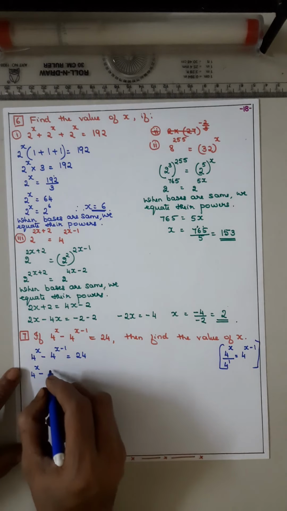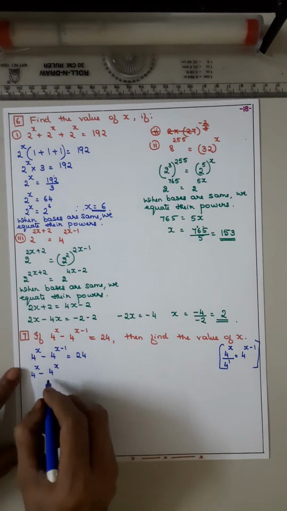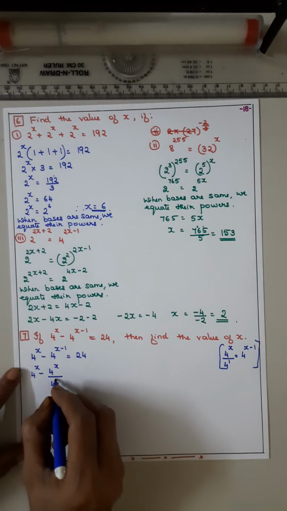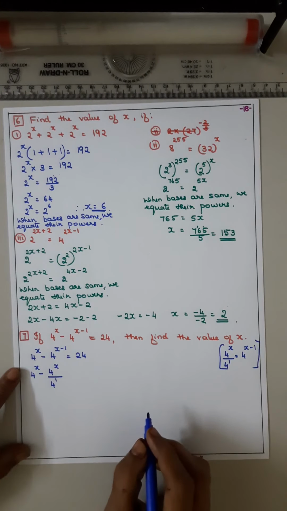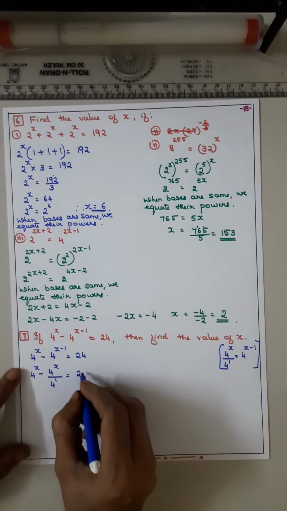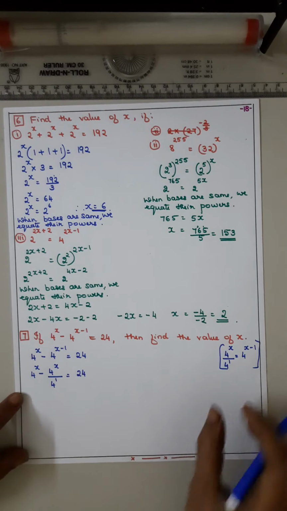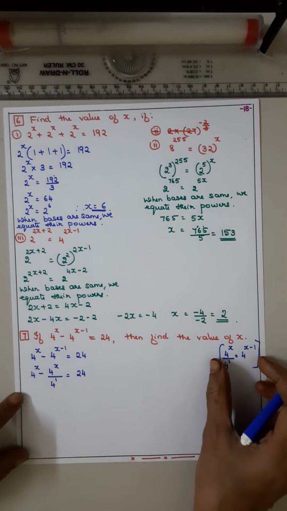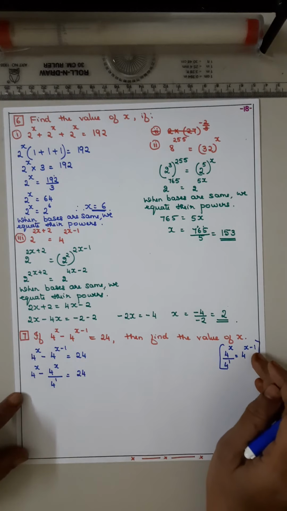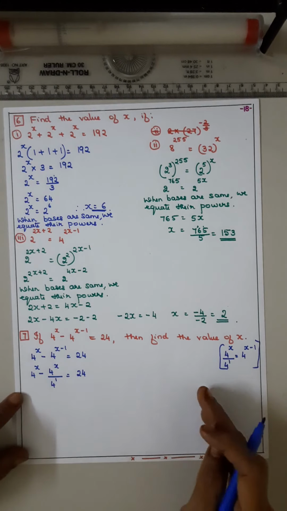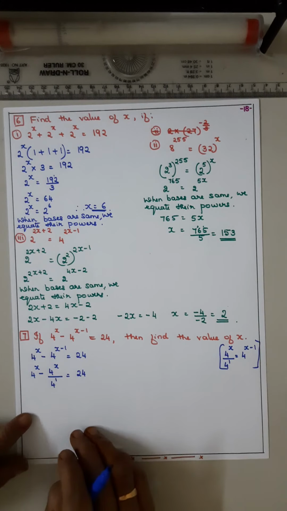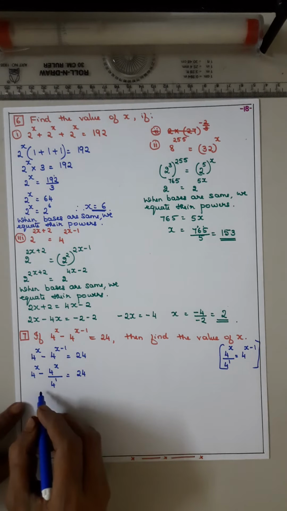So it will be 4 to the power x upon 4 to the power 1 is equal to 24. So you have to write the division form.